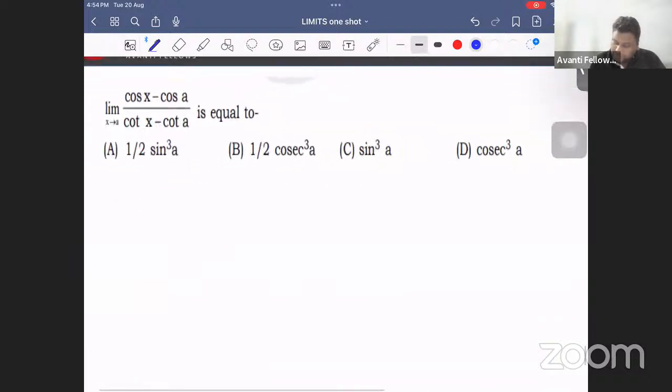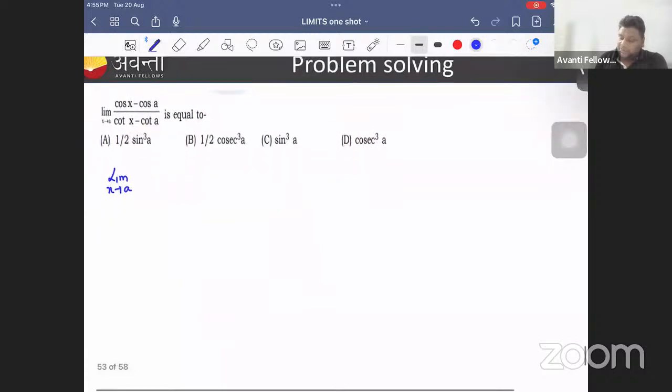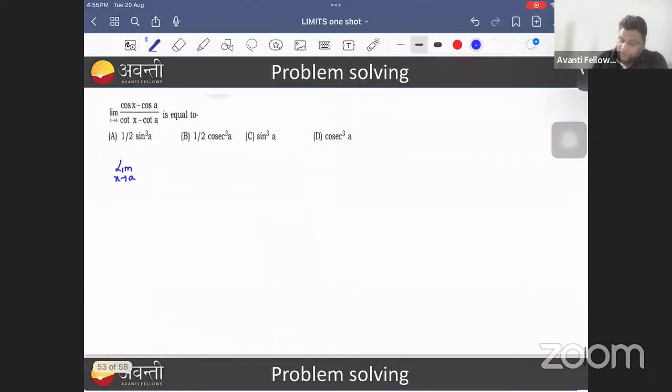Let's do this one. Limit as x approaches a of (cos x minus cos a) upon (cot x minus cot a). Certainly this form is 0 upon 0. So the best way to approach this question is to use L'Hospital's rule. The derivative of cos x is minus sin x, and the derivative of cos a is 0 because cos a is constant, upon the derivative of cot x, which is minus cosecant square x, and the derivative of cot a is again 0.